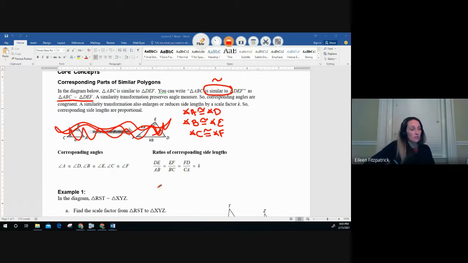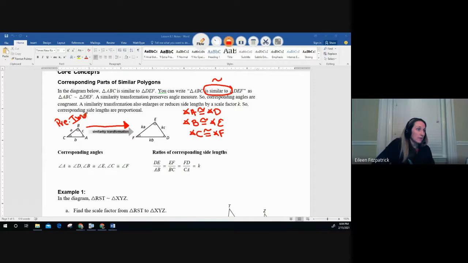To write your scale factor, you always start with the new figure in your numerator and the original, the old figure, in your denominator. Now let me erase all my scribbling. It's based on the way the arrow is drawn: this is your pre-image and this one is your image, your new.